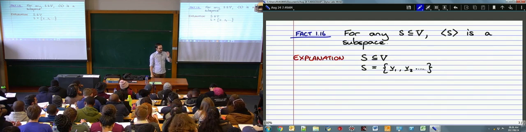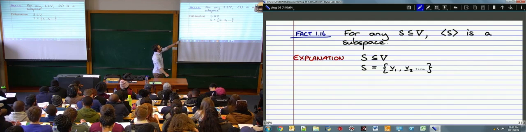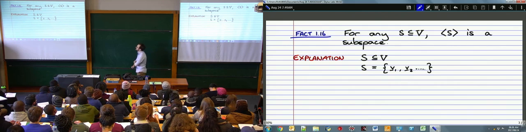What we're going to do now is think about two arbitrary elements of the set generated by S. So call these vectors, okay, let's not call them U and V, since we've already used V over there.